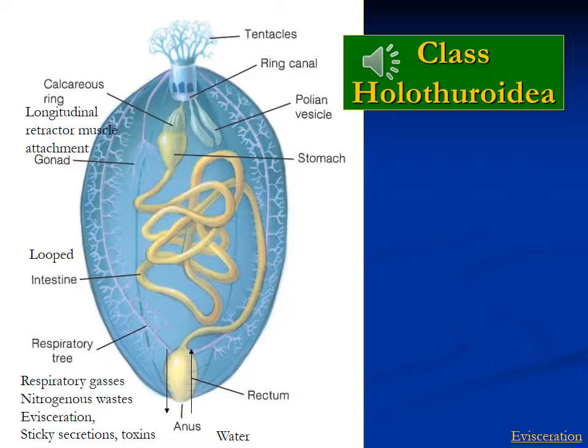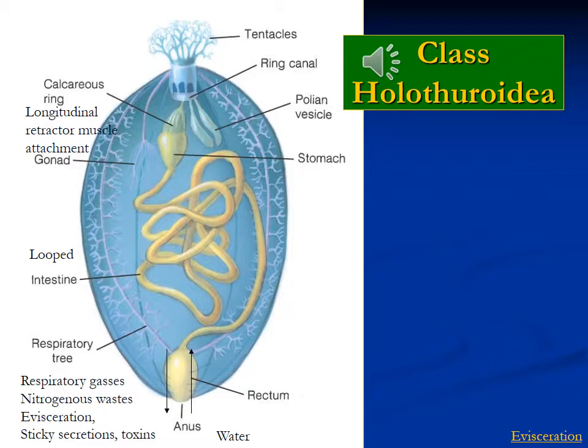And these respiratory trees can be filled with water and through a bunch of modifications sent out of the anus, and they contain nitrogenous wastes and sticky secretions and toxins, and typically things that are biting onto sea cucumbers don't like that.